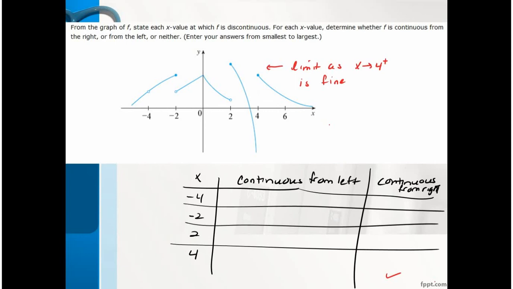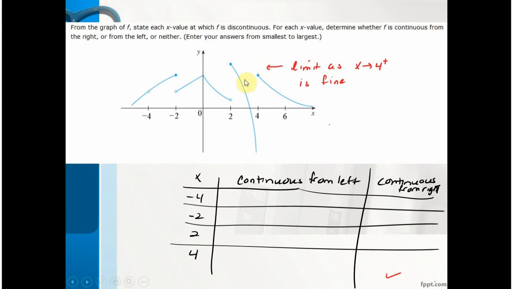Now, I made a little table like this, so how do we know where it's continuous from the left and right? Well, when we approach from the right, we're talking about approaching from the right of the x value. So as I'm approaching 4 from the right, because this is colored in, the y value is exactly the same as what I'm approaching. So we would say this is continuous from the right.